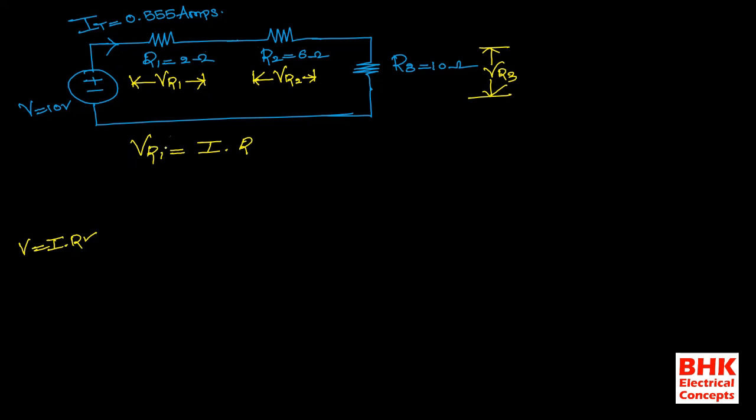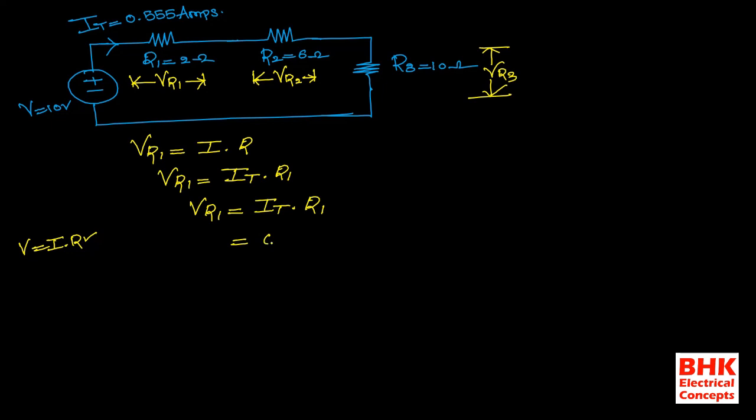Here VR1 represents the voltage drop across R1, so we substitute the value of R1 for R. The total current IT is flowing through R1, so the voltage drop across R1 is the product of the current flowing through the resistance and the value of the resistance. So VR1 is equal to total current IT into R1.